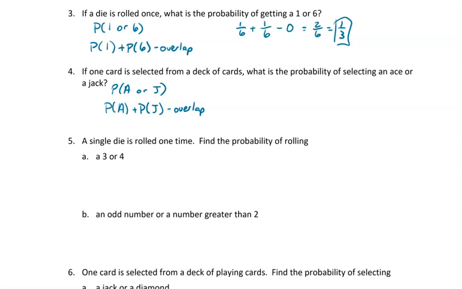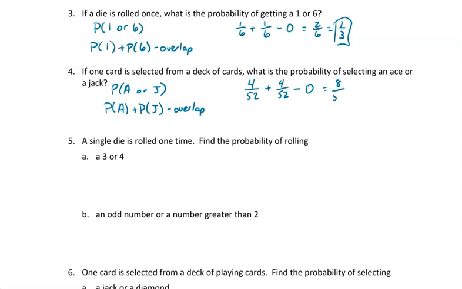So the probability of getting an ace is 4 out of 52, because there's 4 aces, plus probability of getting a jack is also 4 out of 52, minus, are there any cards that are both an ace and a jack? No, it can't be both an ace and a jack. It's one or the other, so 0.